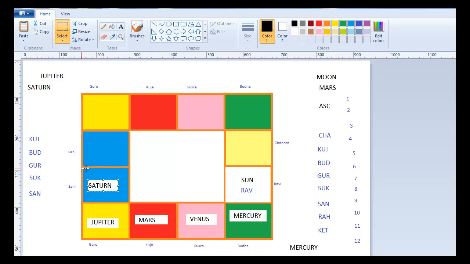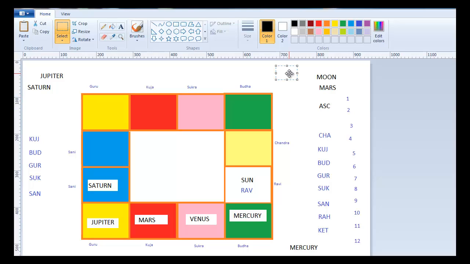Just think you have a mirror over here, and these 6 signs are reflected in the mirror over here. So 1, 2, 3, 4, 5, 6, they get reflected over here. That's why I use the same colors here. Whatever I put here is the same.